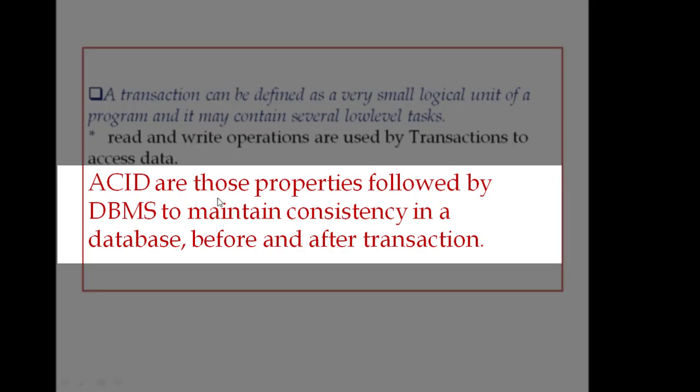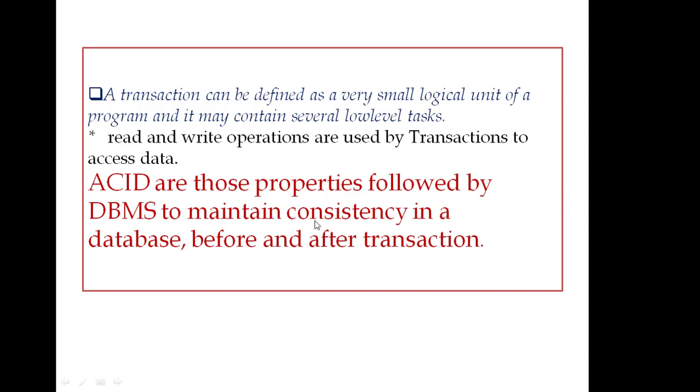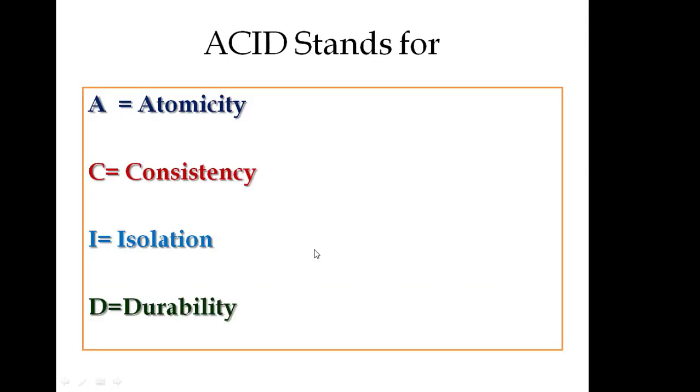Then coming to the definition of ACID. ACID are those properties that should be followed by a DBMS to maintain consistency in a database before and after a transaction. So we have got a technical term, that is consistency, and we'll discuss what consistency is.